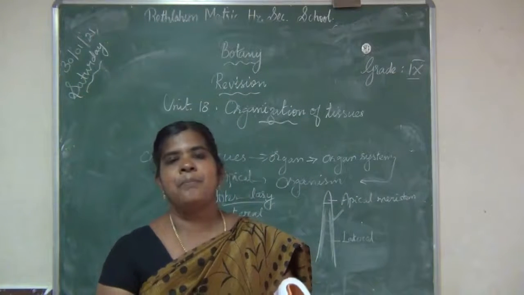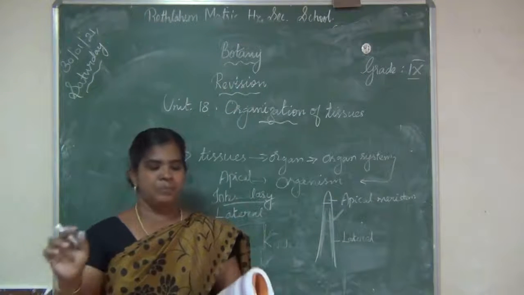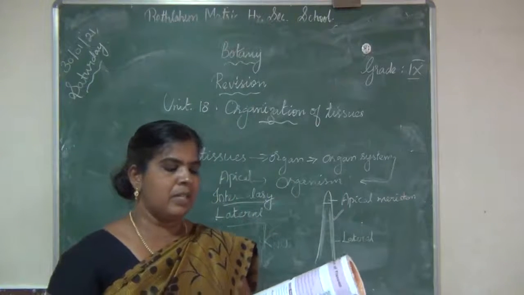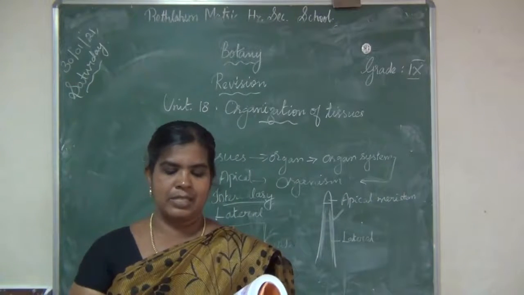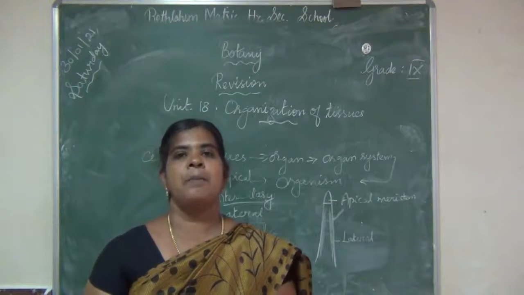So these are the types of meristem you are learning. Next, about the functions of meristem: these are actively dividing tissues responsible for primary and secondary growth of the plant.